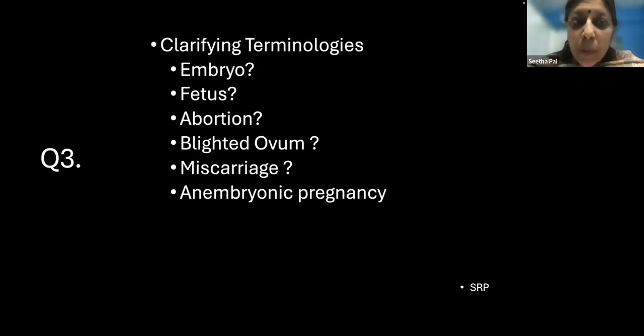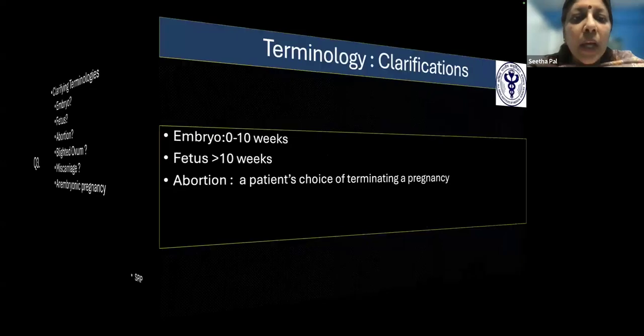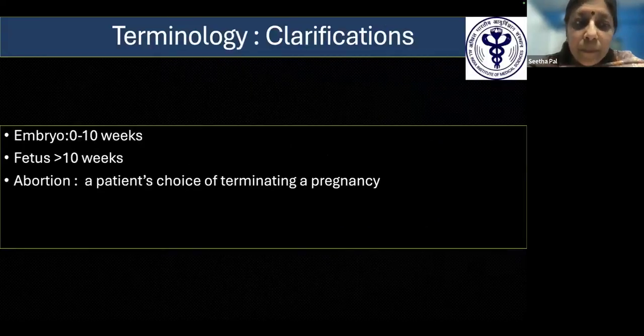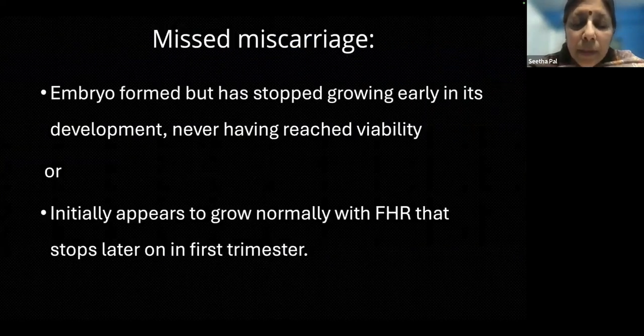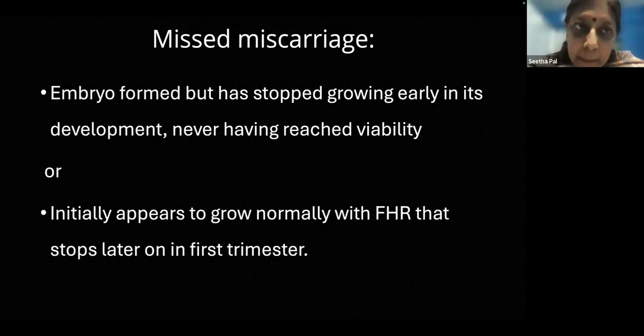Whenever we think that the pregnancy is not going in the direction that we want it to go, it would be a pregnancy loss. So early pregnancy loss is what we would consider. If it's an embryonic loss, it will be an early embryonic demise. Or if there is a fetal demise, it'll be a fetal demise. And we no longer use blighted ovum.